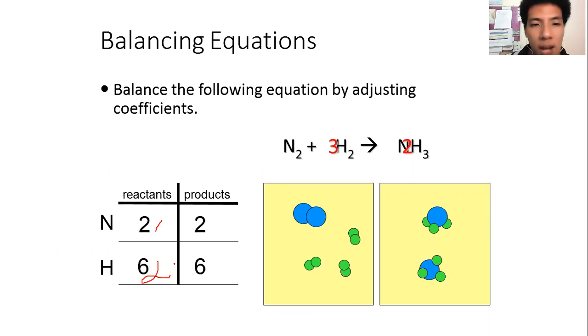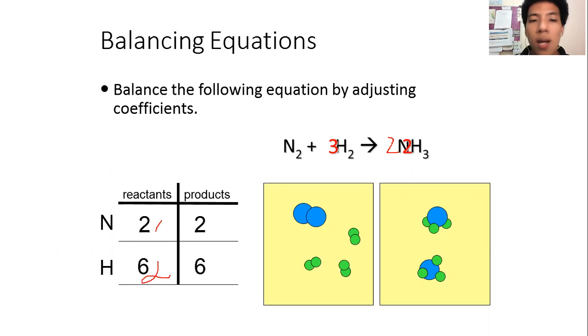For the nitrogen, you have 2. For the reactant, for the product, you have 2 because the 2 was just misplaced. It should be written here. Forgive me for my handwriting. Then, for the hydrogen, you have 6 for the product, and for the reactant, you have only 2.